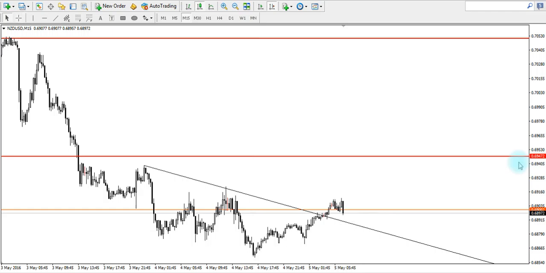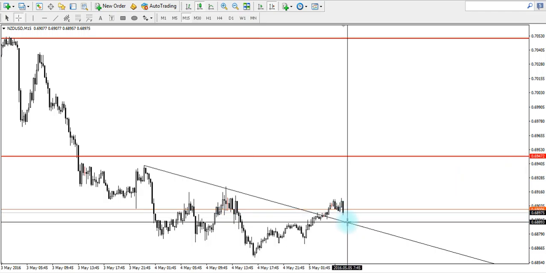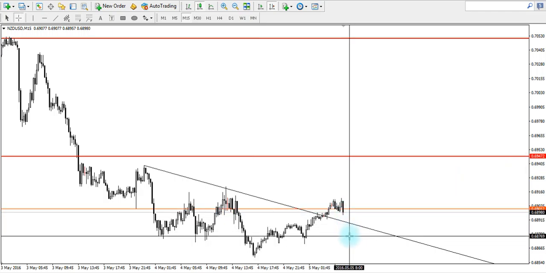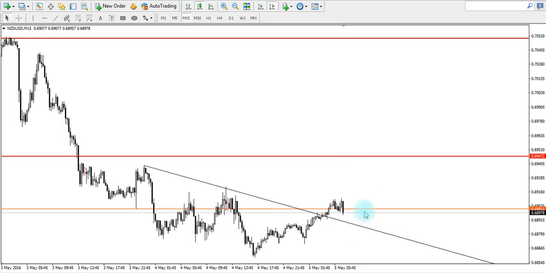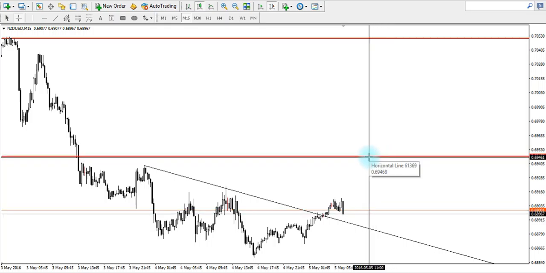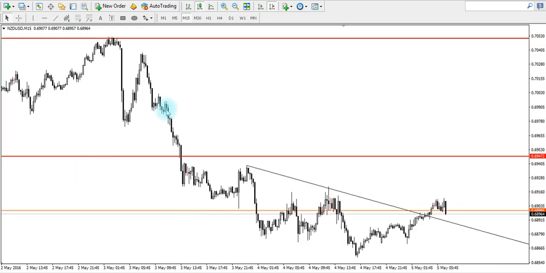So we will be looking for a buy opportunity as it comes back to the trend line or slightly lower at the support here, 0.6878, to go for an intraday buy towards the key resistance at 0.6947 again. Or we'll be waiting for the price to reach this level, then go for the sell. So that is for the New Zealand dollar against the US dollar.